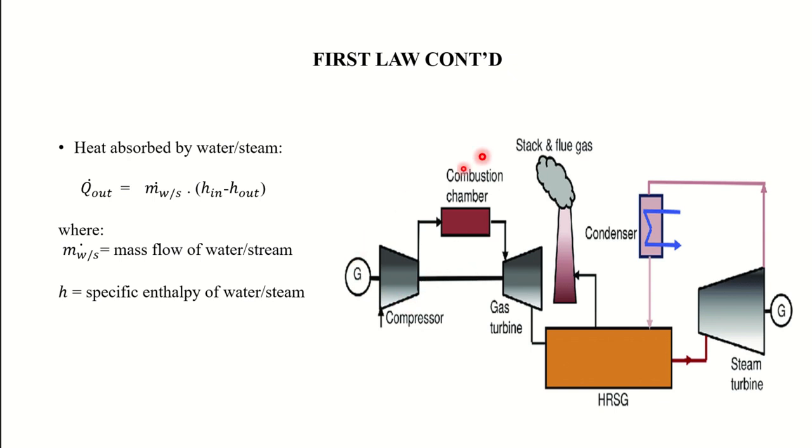We've seen this diagram a couple of times. We have our compressor, our combustion chamber, then our gas turbine. We have our stack of flue gas here. These are our HRSG, our condenser, and our steam turbine.